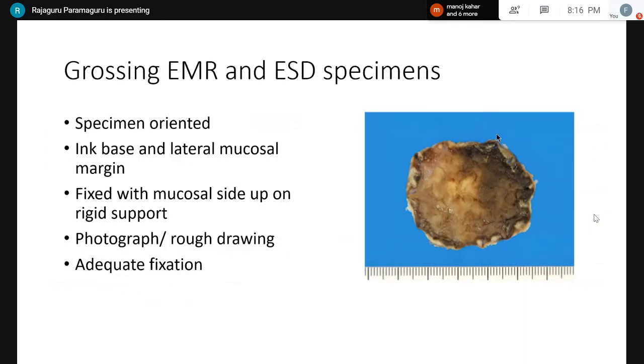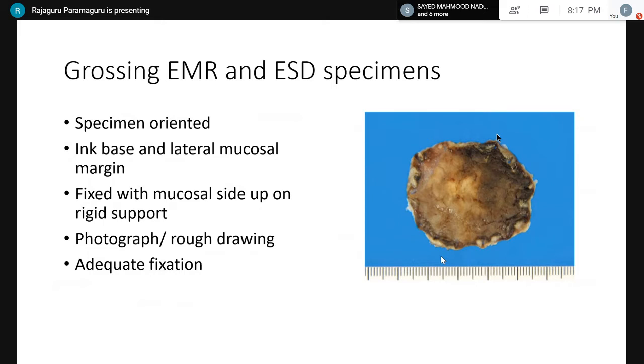So for the grossing of ESD and EMR, you're going to get a specimen which is going to be flat with the lateral margins and the mucosa on the top with the muscularis mucosa, the submucosa on the base. So we will have to ink the base and the lateral margins, fix it with the mucosa on top with a rigid support, and you have to make a photograph and adequately fix the tissue before grossing.